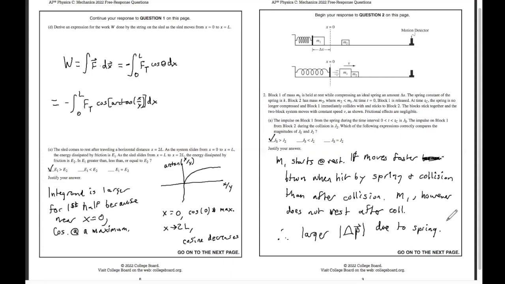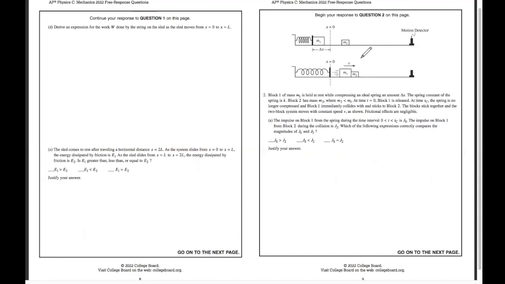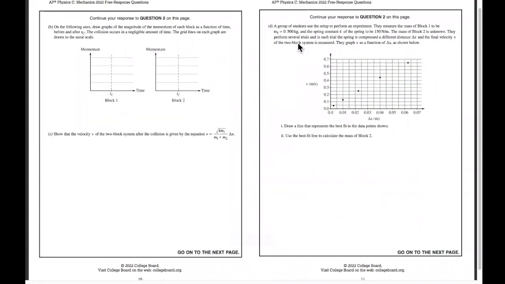Mass one itself does not change its mass, so we see a larger change in momentum if you go from rest to some velocity, but then your velocity decreases just a little bit, not all the way back down to zero. All right, so let's go ahead and move on to part B for question number 2.